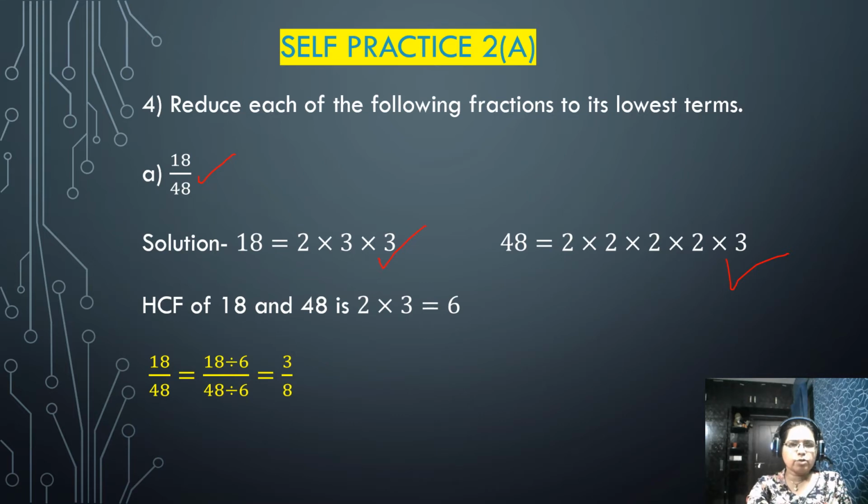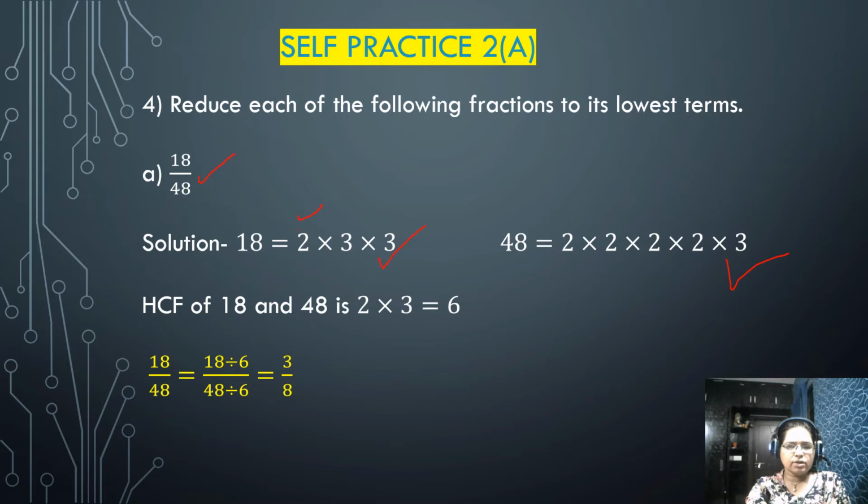Now we have to find the highest common factor between 18 and 48. In 18 there is only one 2, and in 48 there are four 2's, so we write down only one 2 as common.